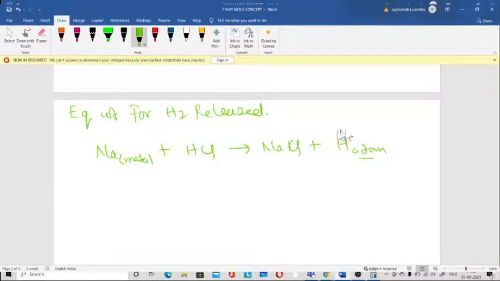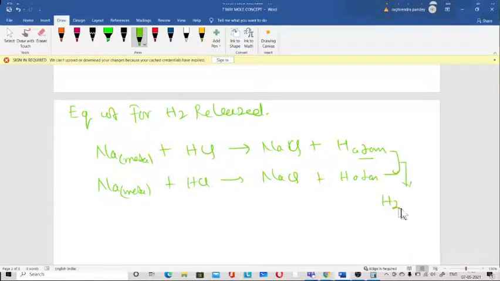Now the hydrogen atom doesn't remain as such because it is very reactive. Immediately it reacts with another hydrogen atom, and they both combine to give H2.